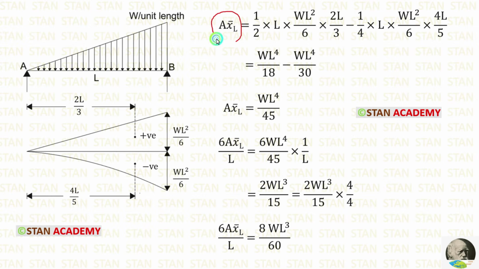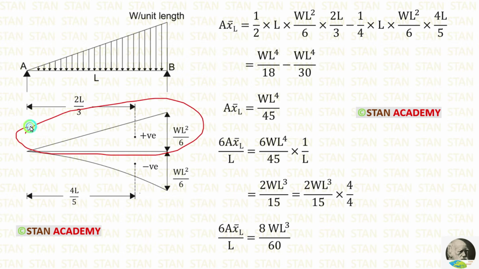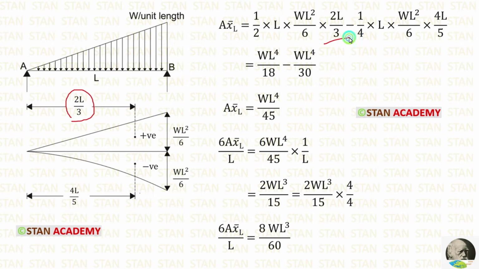Now let us find A X bar L. For that, we have to multiply the area with the centroid. For this triangle, we know that the area formula is half into breadth into height and the centroid is equal to 2L by 3. After simplification, we will get WL power 4 by 18.